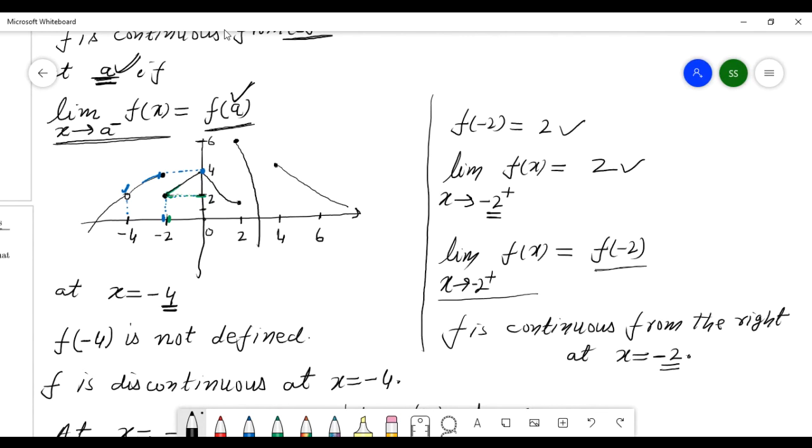Continuous from the right at x equal to -2, but not continuous from the left. Okay? Not continuous from the left at -2, but right continuous at -2. Do you understand this? Do you understand?